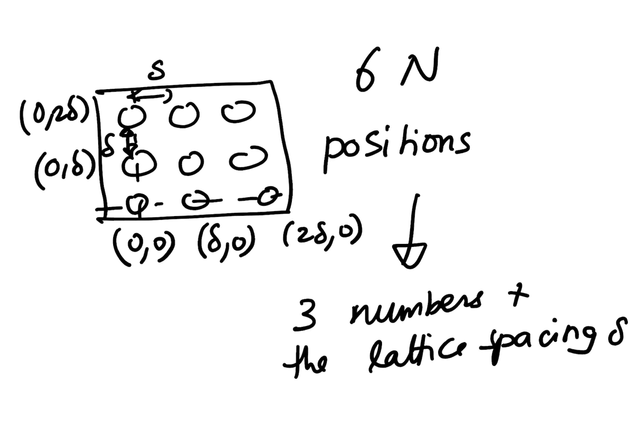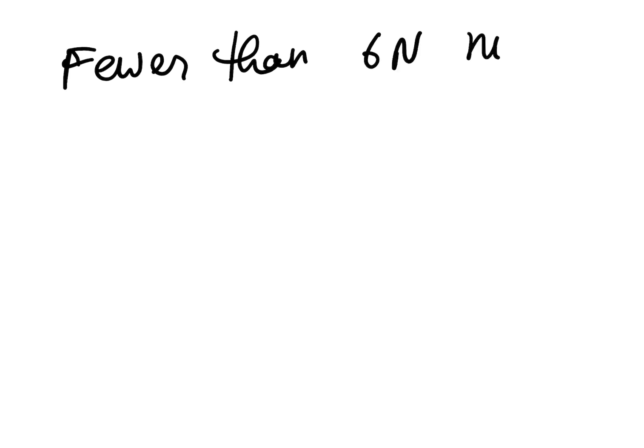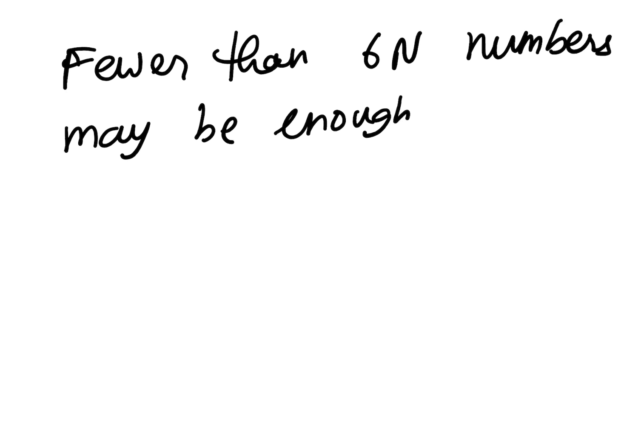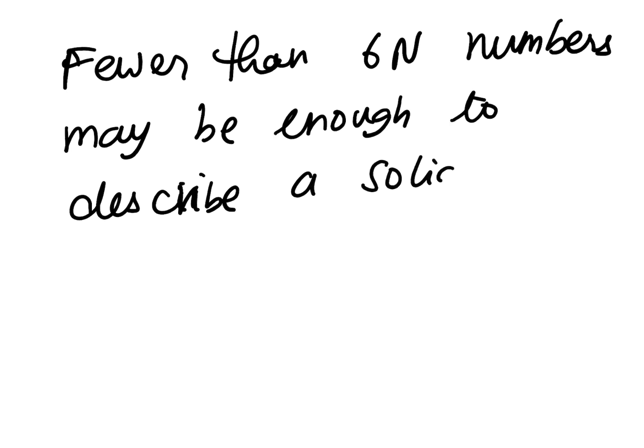Now, the idea is not that you can describe every solid with just 4 numbers. But the idea is fewer than 6n numbers may be enough to describe a solid. There are different types of solids like face-centered cubic, body-centered cubic, hexagonal.